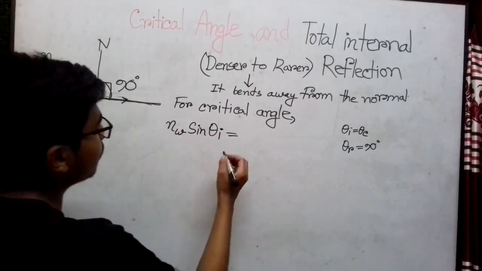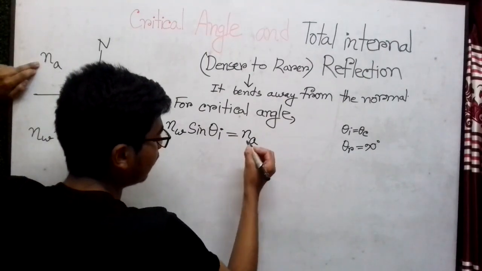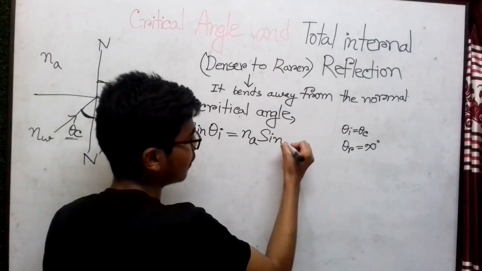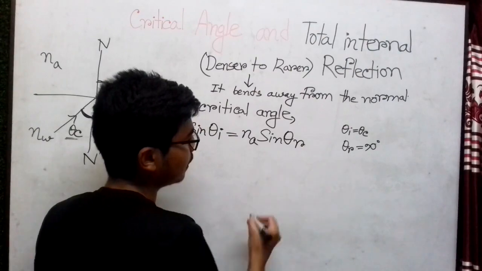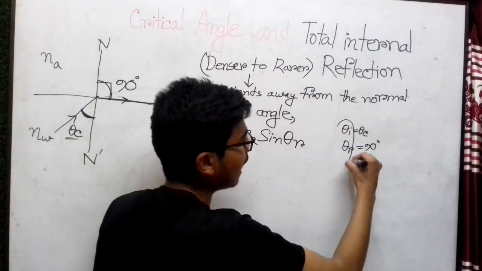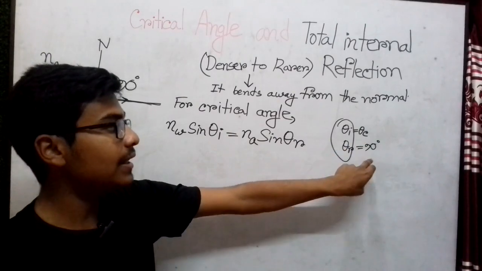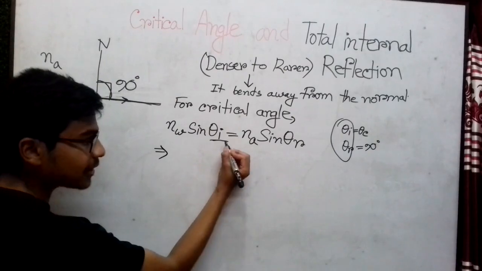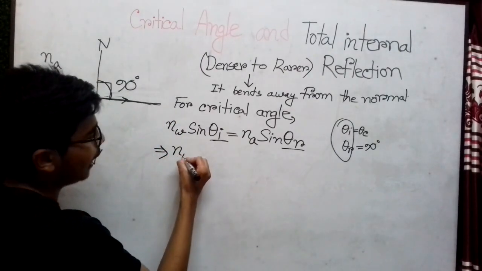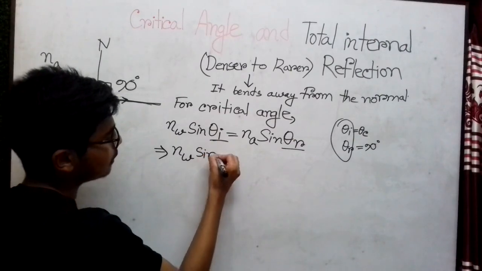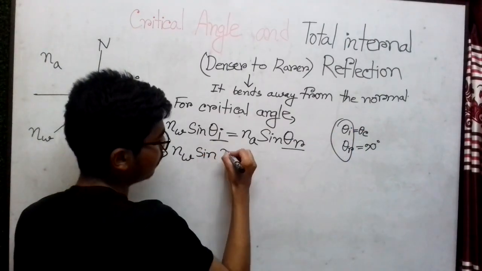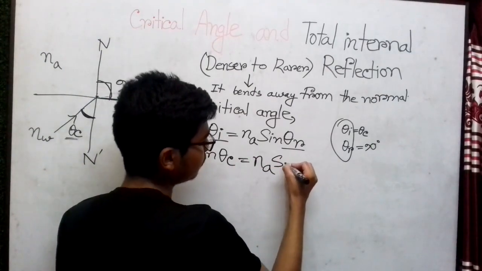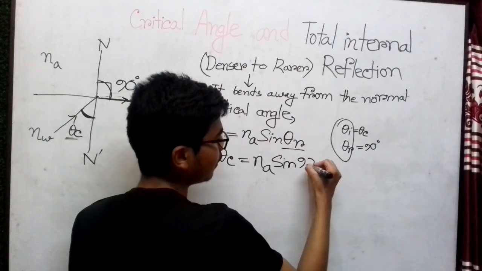Then I write the rarer medium: the refractive index of air, NA, sine theta R. First I have written theta I and theta R, then I will write theta C and 90 degrees. Now I'll change the values: NW sine theta C equals NA sine 90 degrees.